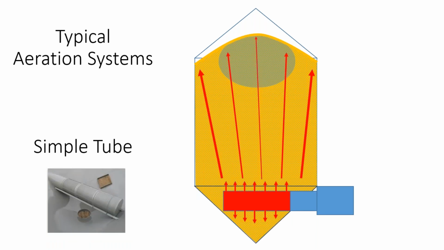Now the simple grain tube or aeration tube, if you look close at the airflow path, say a quarter of your air is going out the top of the aeration tube, but it's going out radially in all directions.